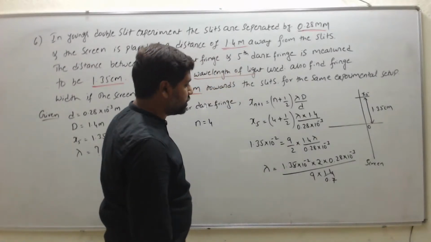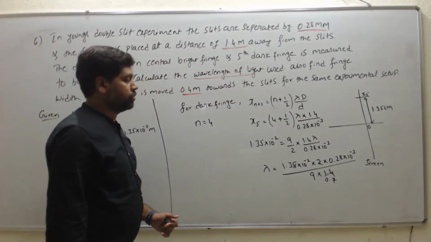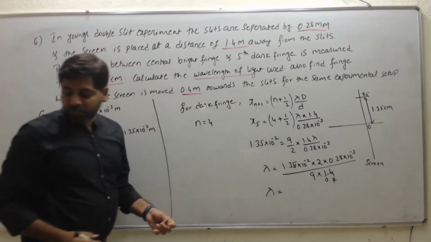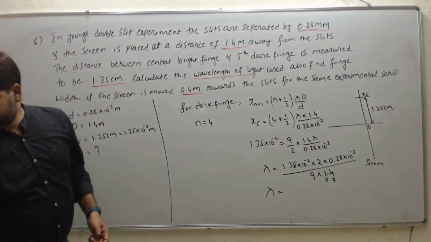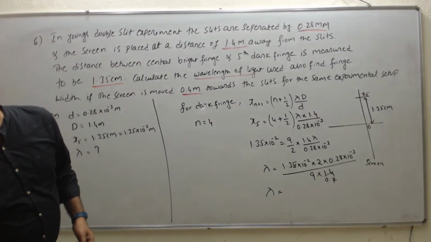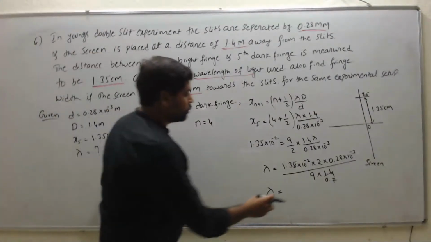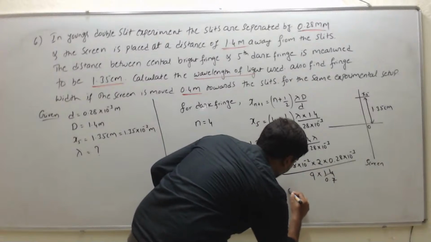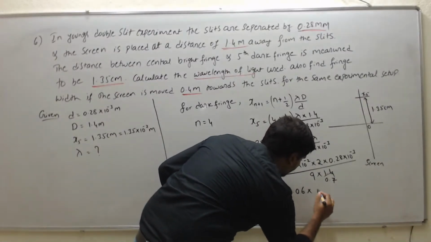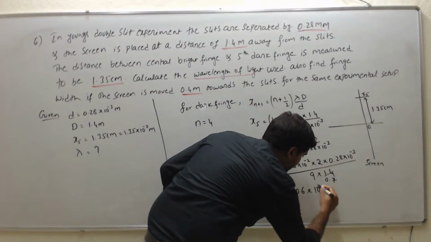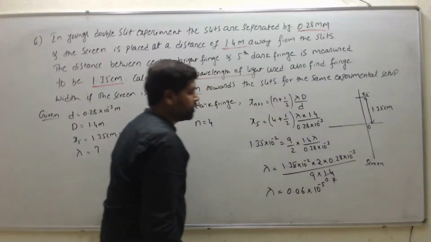If we further simplify using the calculator, then we get the value of lambda. How much is it? It is 0.06. So if we simplify all these values, we get 0.06 into 10 to the power of minus 2 into 10 to the power of minus 3. We can write 10 to the power of minus 5.